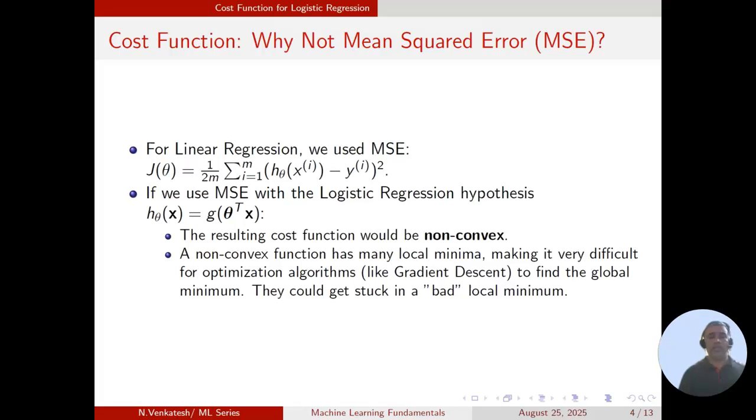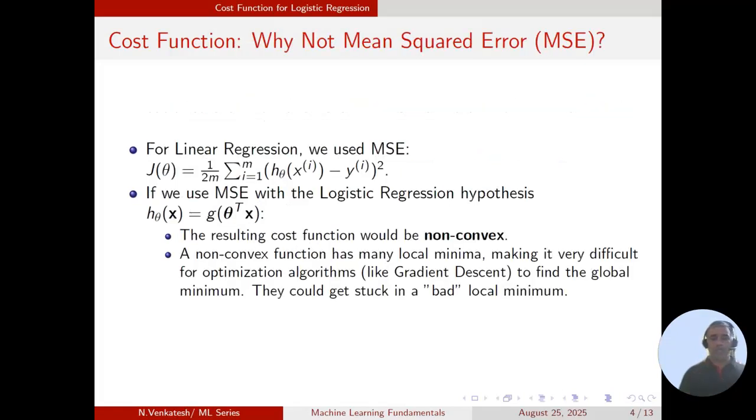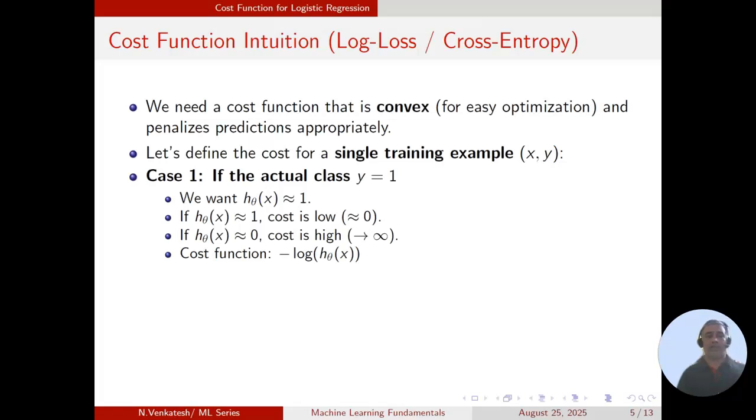So let us see a new cost function. What we need is a cost function that must be convex. That means it has a single global minima, and we should also penalize the predictions appropriately. So let us consider a simple example. You have a single training example, x comma y.